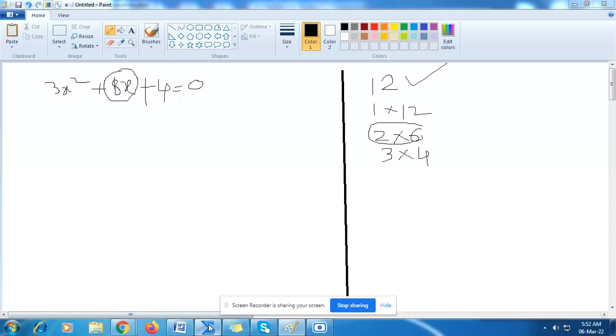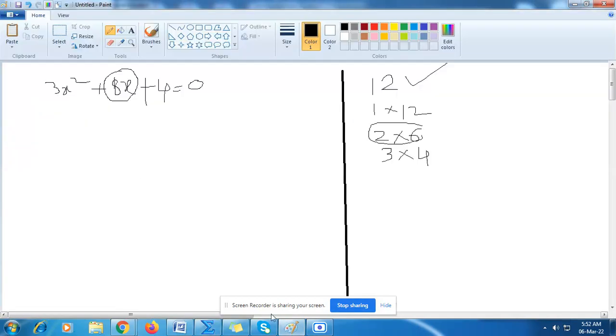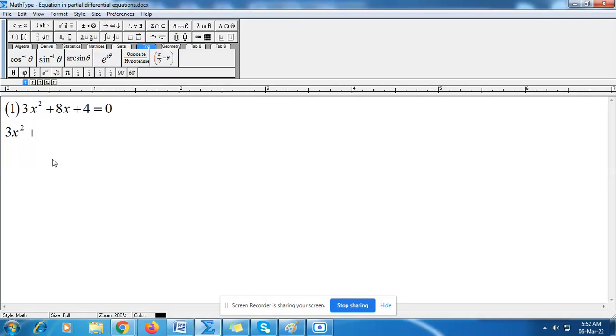That is, the first term is as it is, and write down 2x plus 6x plus 4 is equal to 0.